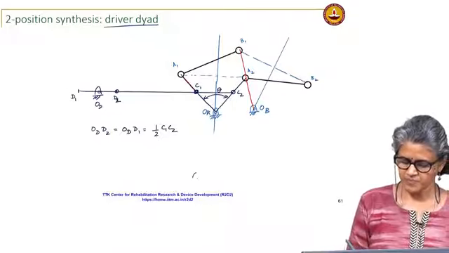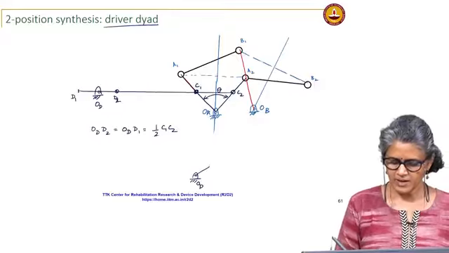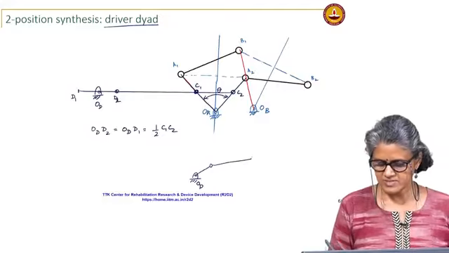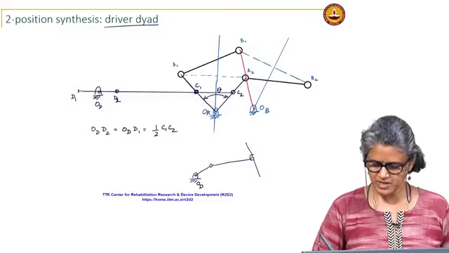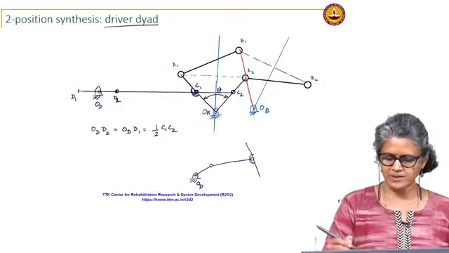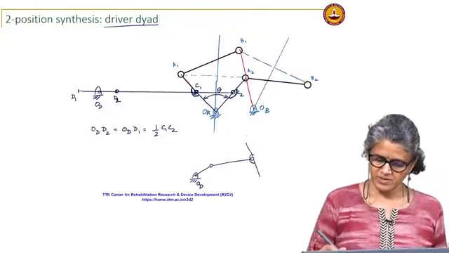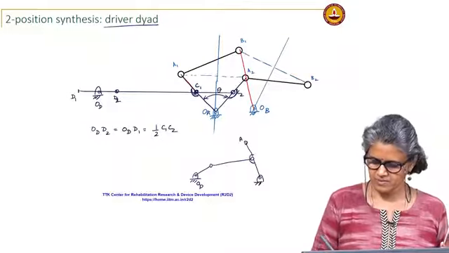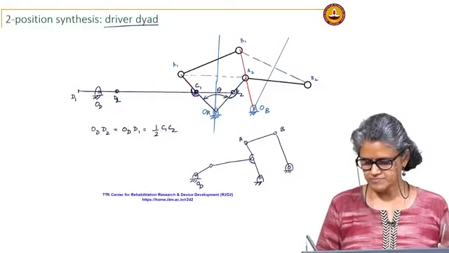So, if I look at OD, I have D, I have C, there are two links there. This I have OA, A, B, say OB.